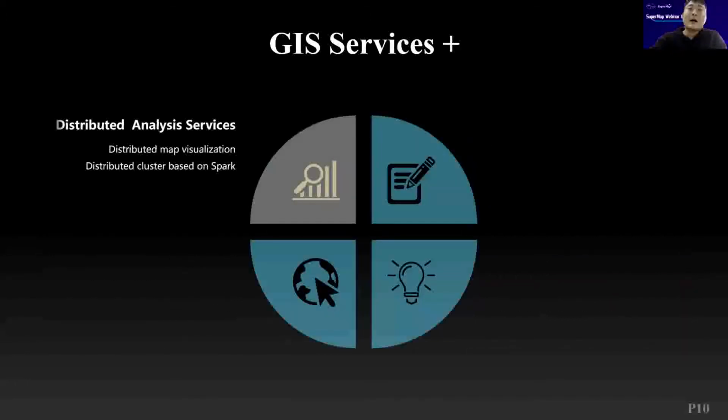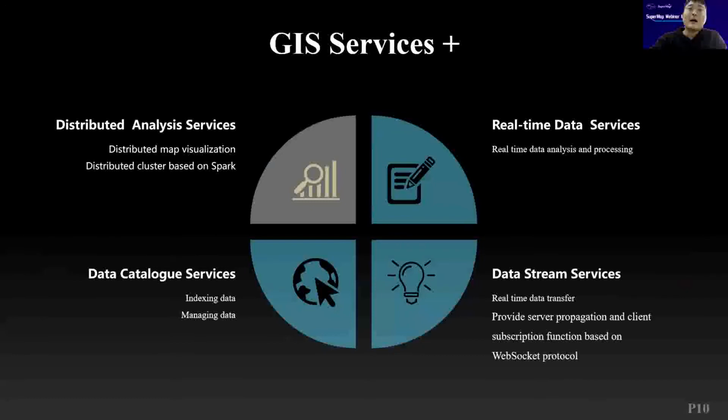All right, and besides these GIS capability services, there are some other services which can help us more easily achieve our daily requirements. We can understand this kind of service as advanced GIS service, such as the distributed analysis service. This is based on big data technology.